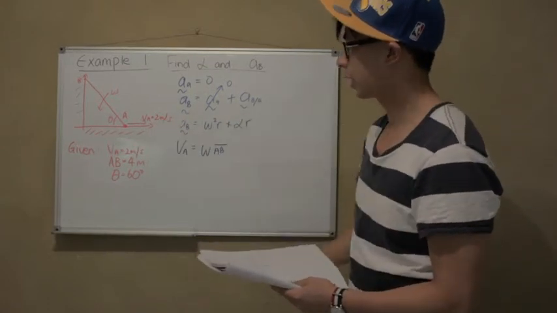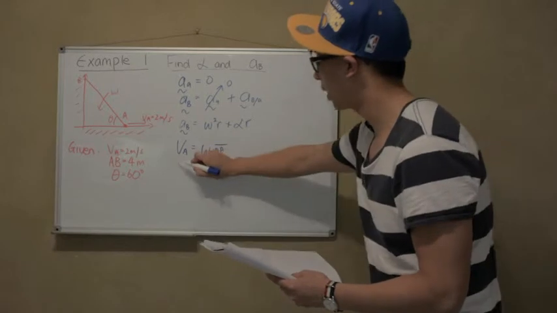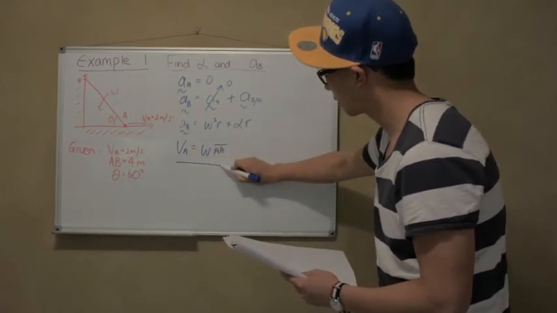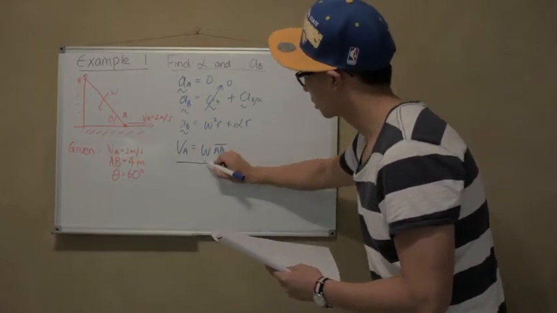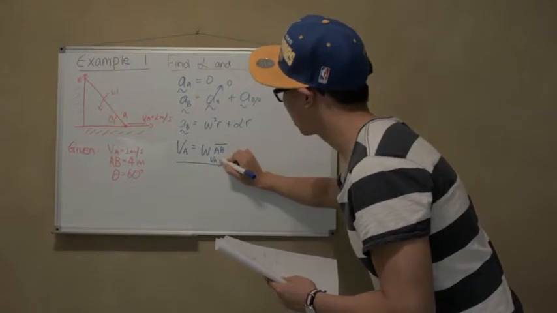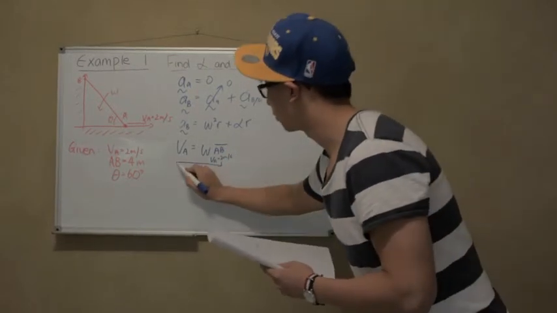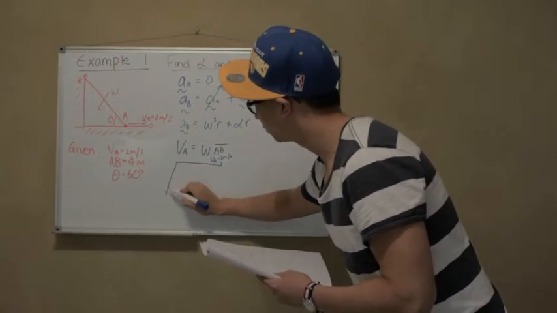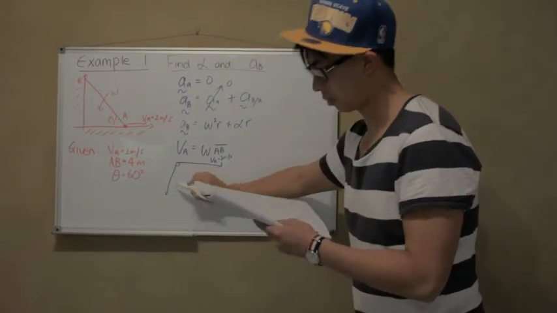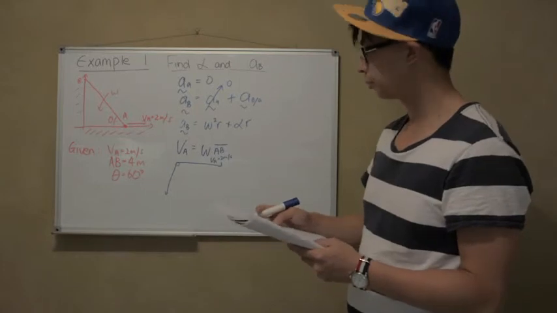So we can see that VA is moving towards the right at 2 meters a second. So let's call this VA equals 2 meters a second. We know that the velocity of B is perpendicular and moving straight down.